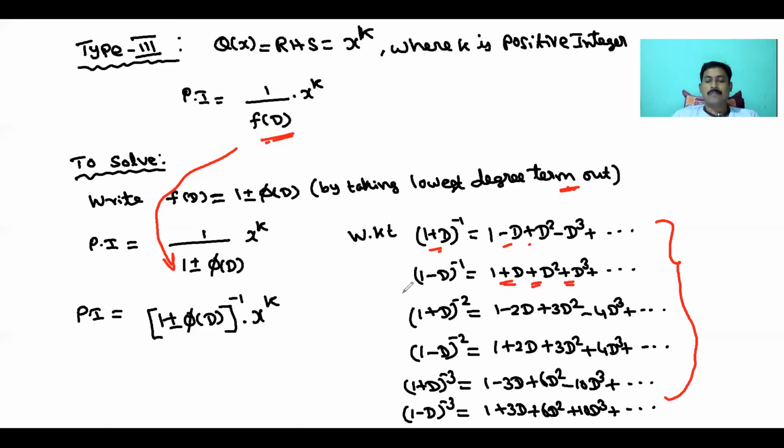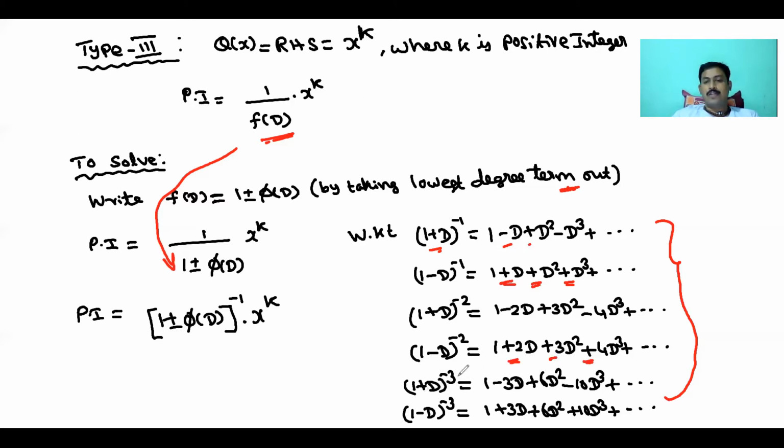That you should remember. 1 plus D whole power minus 2 equals 1 minus 2D plus 3D square minus 4D cube. Similarly, 1 minus D whole power minus 2 equals 1 plus 2D plus 3D square plus 4D cube.